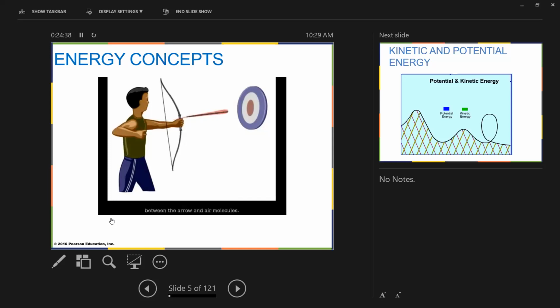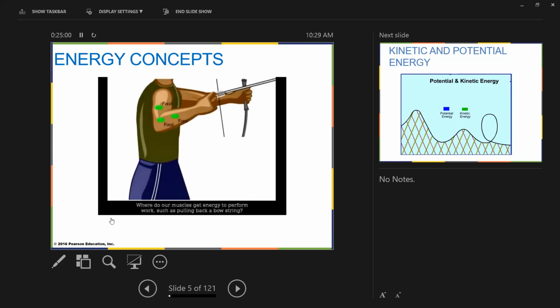It's going through the air, and pushing the air molecules aside creates friction. And you could measure the heat in the target, because when the arrow hits the target, not only does it punch a hole in the target, but if it was a paper target, you would see that the edges were slightly charred as the heat from the arrow going through the air is transferred to the target.